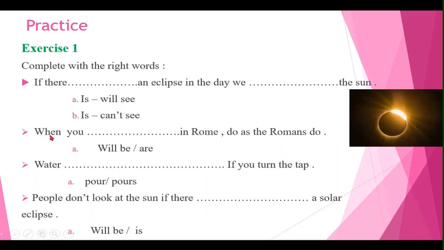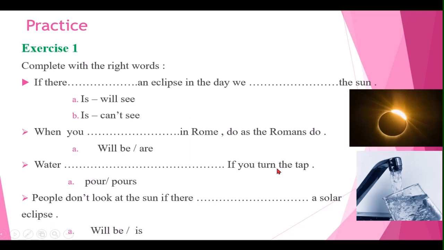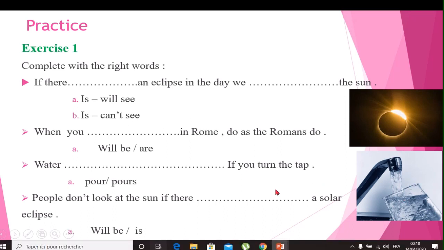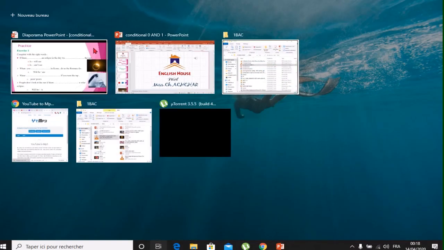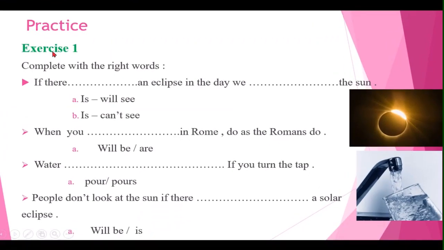The next sentence: when you are in Rome, it is a city in Italy, do as the Romans do. Water: if you turn the tap, and this is the tap, and this is the verb to pour. So we use it to talk about something like water.